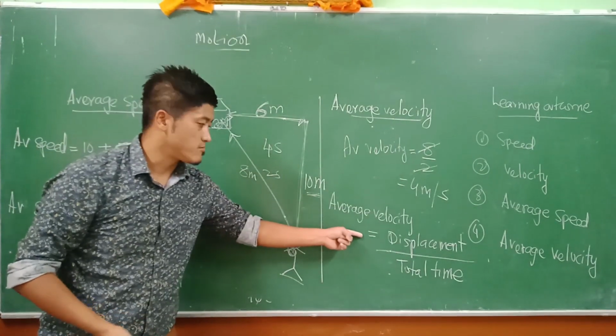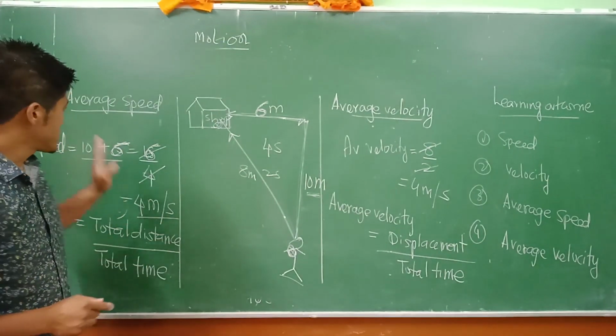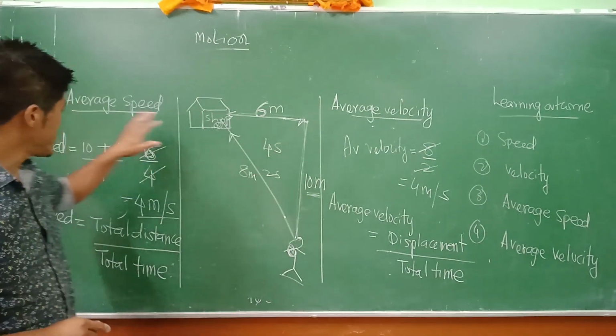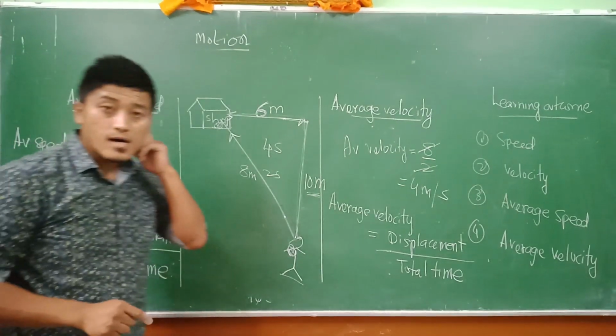Average velocity, the ratio of total displacement to the total time. Did you understand? So in the case of average speed and average velocity, the concept is something like that. Right? So thank you very much.